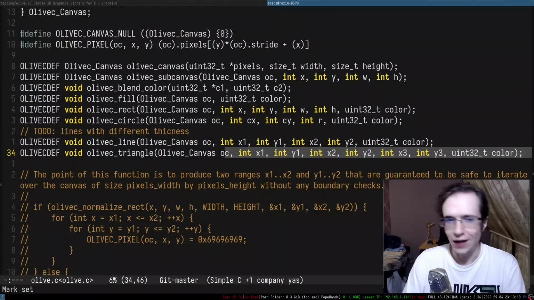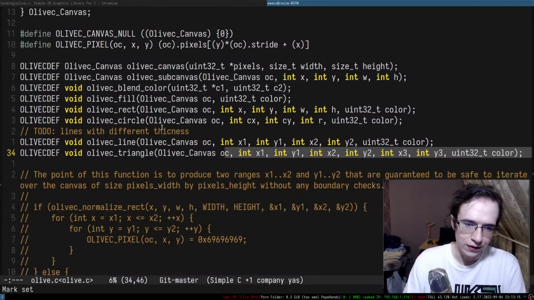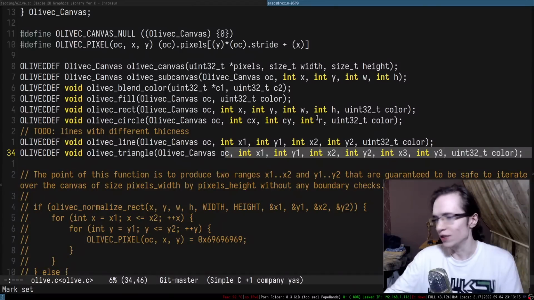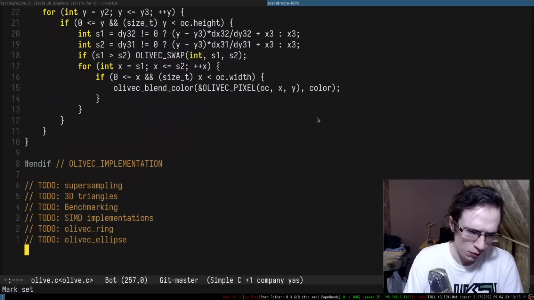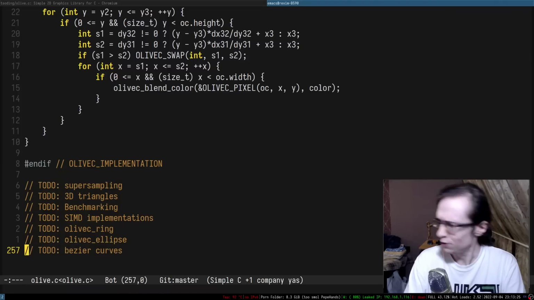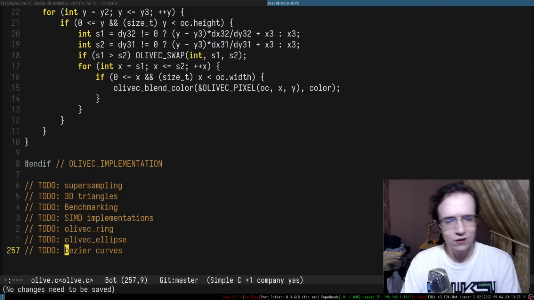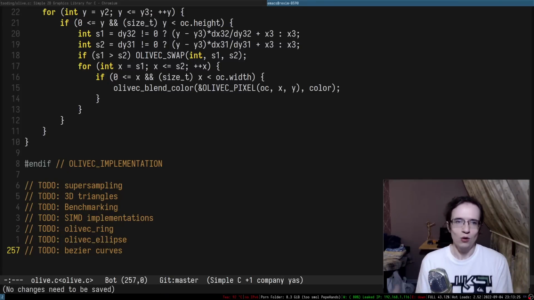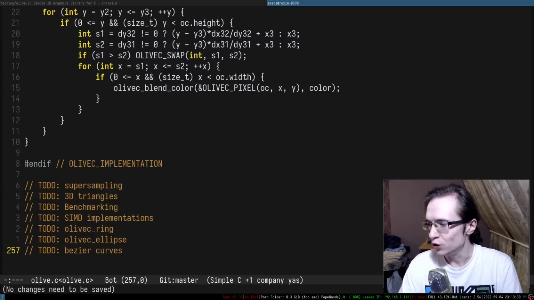In the future, I plan to add ellipses and stuff like that. Maybe some sort of curves, like Bezier curves. Who knows? Maybe I should actually put it on the to-do list. Right, Bezier curves. That sounds like a good idea. Essentially, this library becomes a collection of everything I know about geometry.